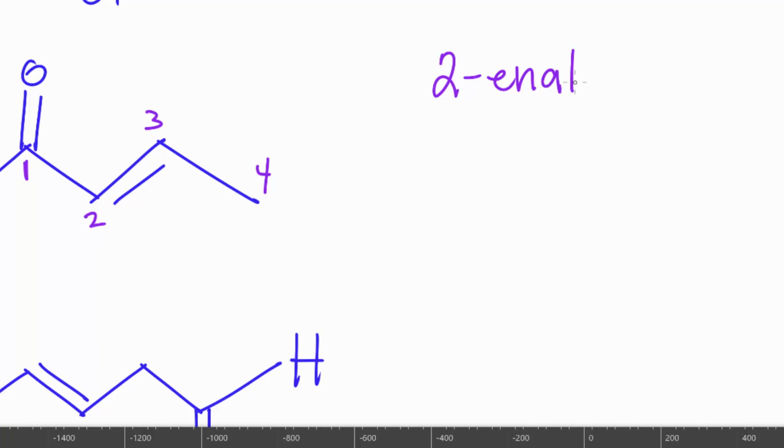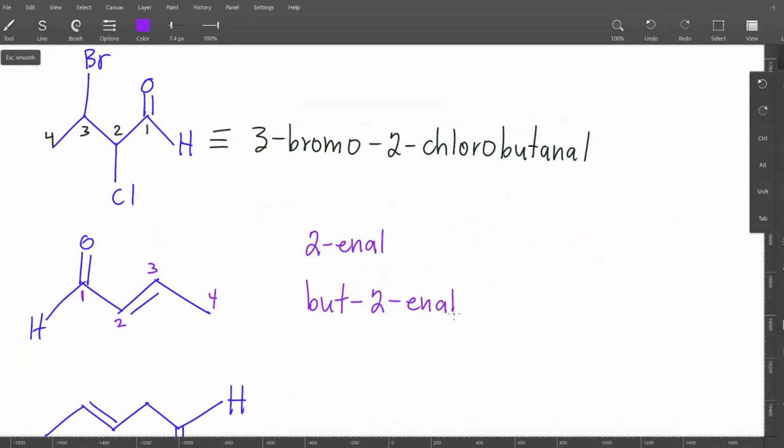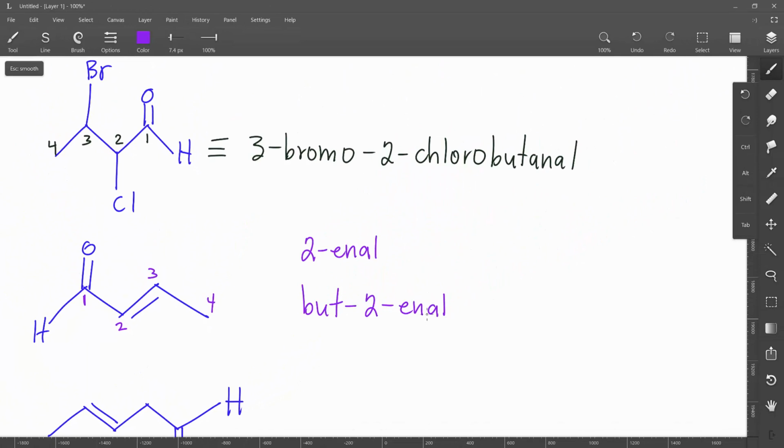We have 4 carbons, so we can say that's but-2-en for the double bond, al for the aldehyde. It's understood that the al is always position 1.